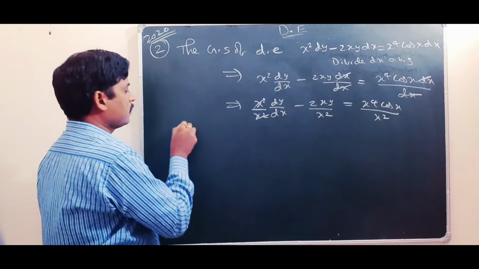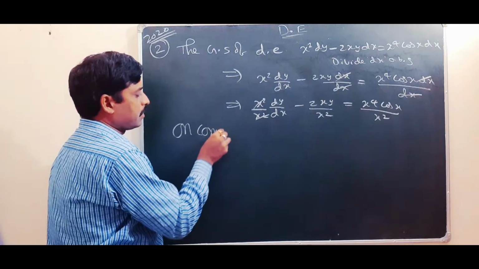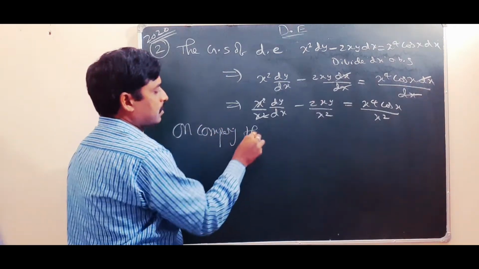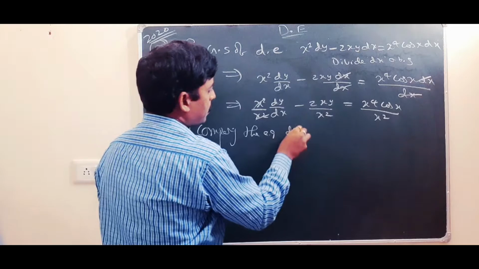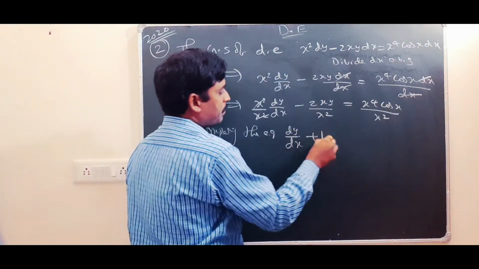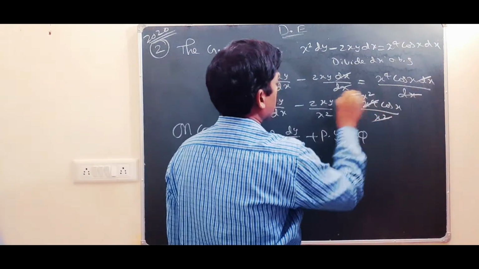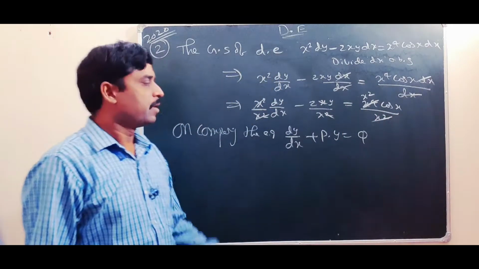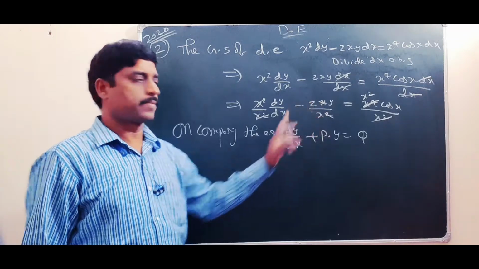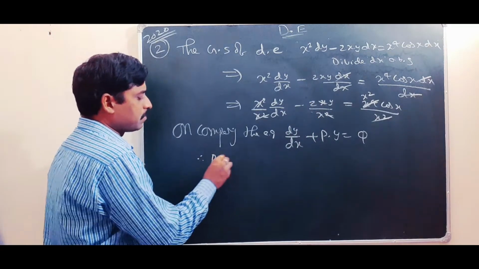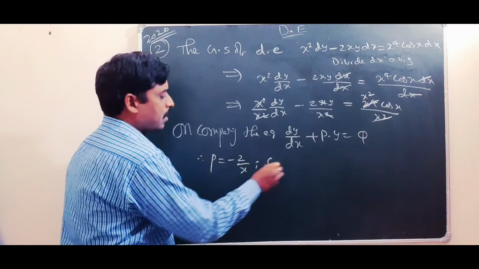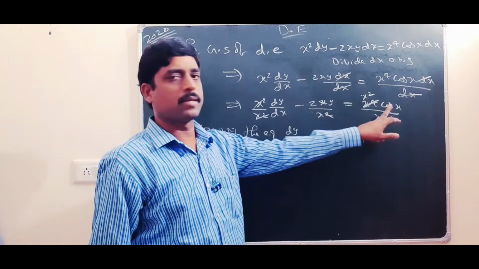On comparing this equation with dy by dx plus py is equal to q, one x square gets cancelled, one x gets cancelled. Where p is equal to minus 2 by x and q is equal to x square cos x.